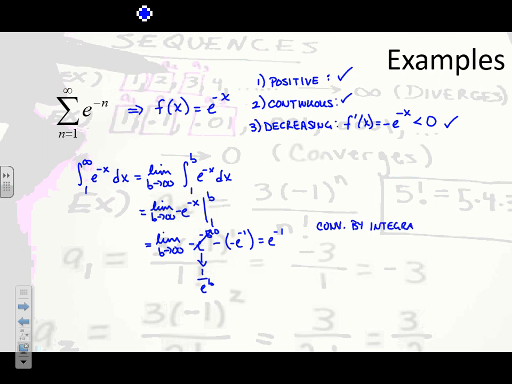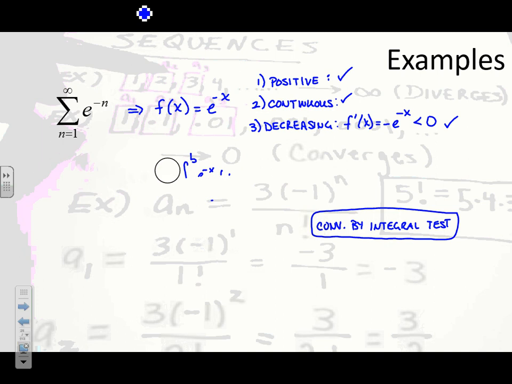Every time you're asked about convergence or divergence, whatever test you've chosen to investigate that series, you need to draw your conclusion and state which test you used to prove it. Every one of these problems has to be converges by this test or diverges by this test. Okay? Any questions on that one? Okay.